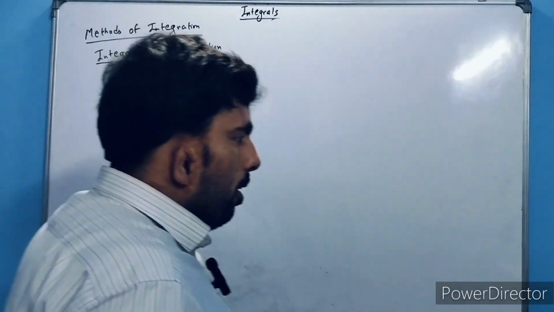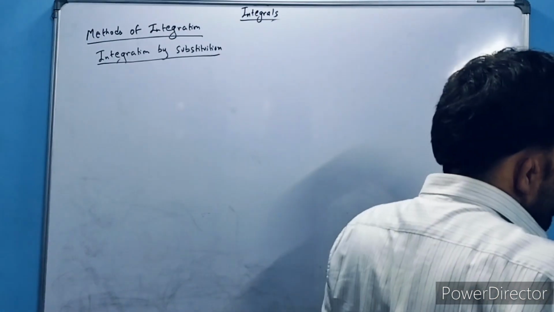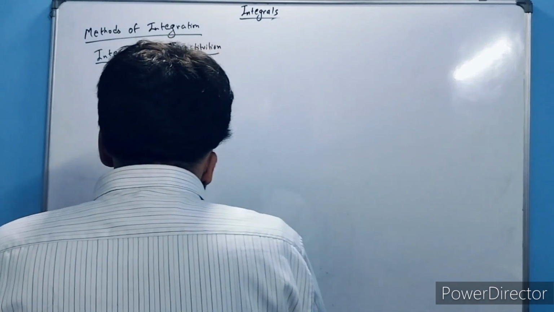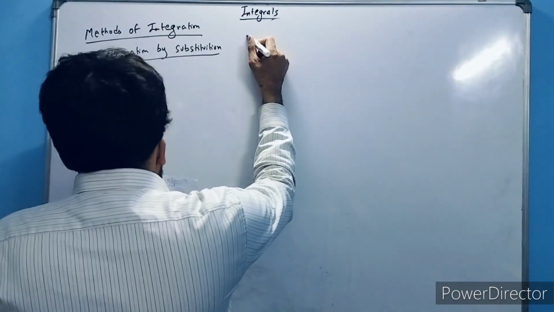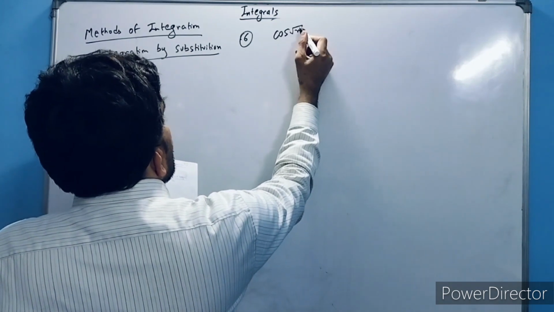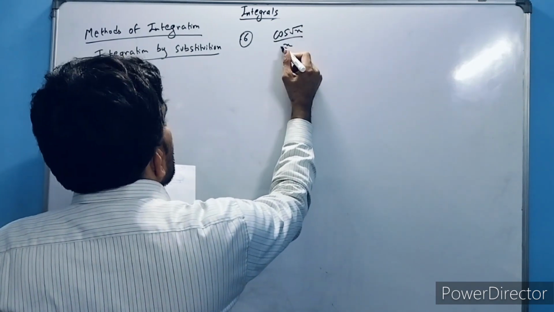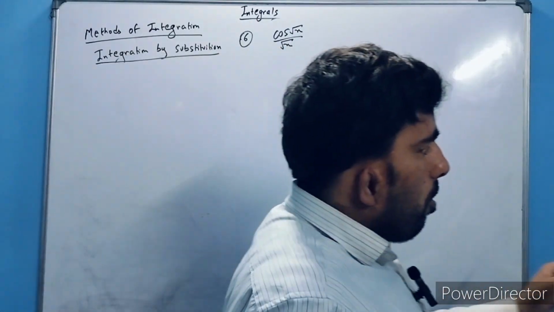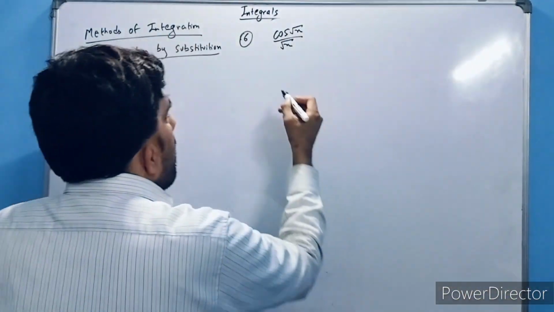We'll try to solve the next numerical we have, that is this one: cos root x upon root x. So now how to solve this? Let us try this.